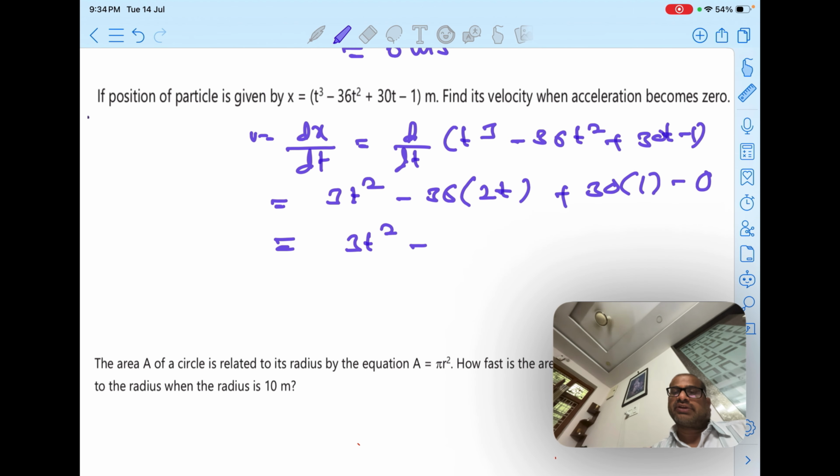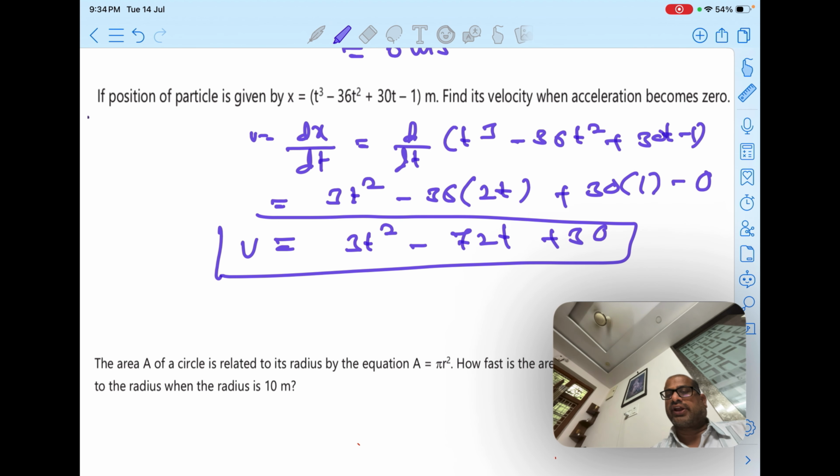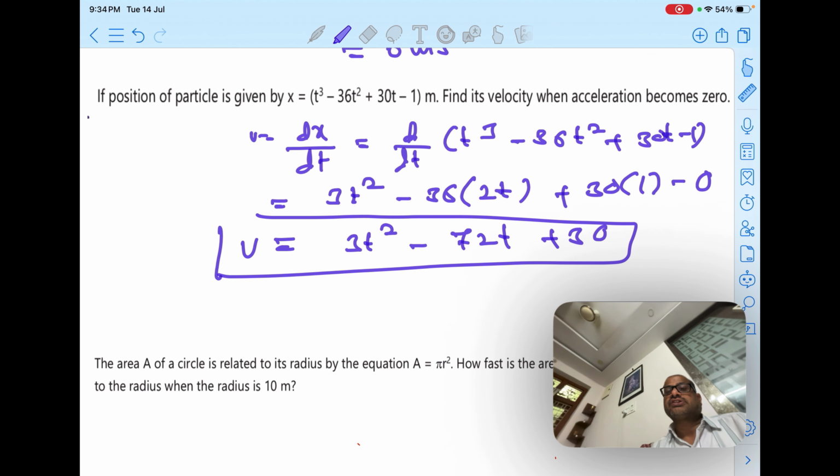So it becomes 3t square minus 72t plus 30. This is the velocity of the body.